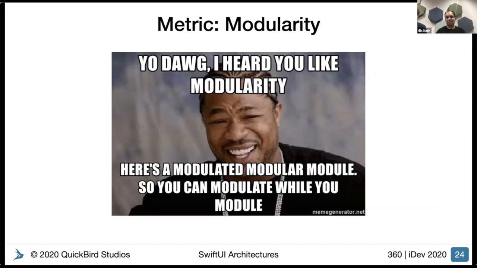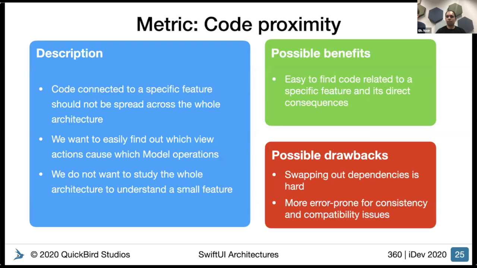We need to find some kind of a compromise between modularity and the next one, which is code proximity. So we want code that is connected to a specific feature, for example, some action that is happening because of a button in the application. We want to easily figure out what that action is doing, and what are the causes for certain problems.